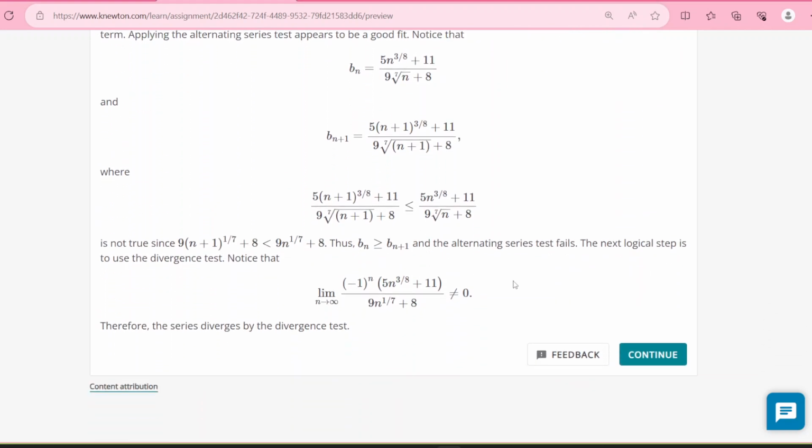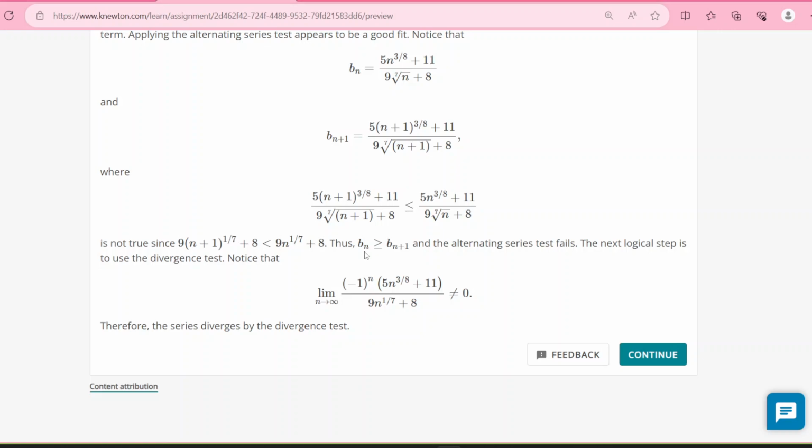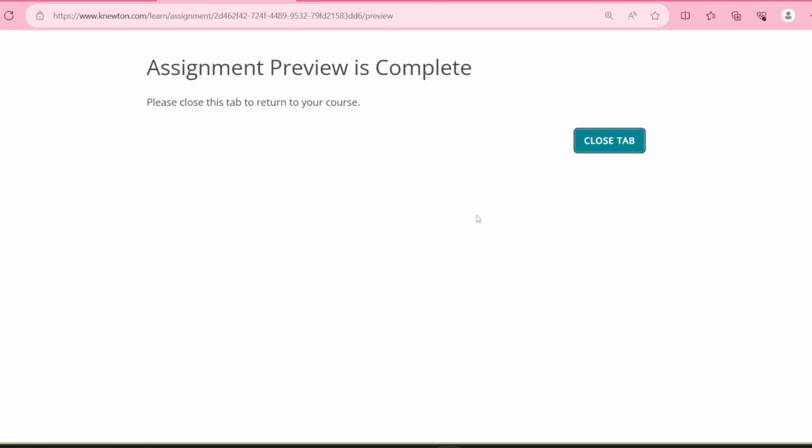Now they did the alternating series test, it looks like, but they see that the test fails. The divergence test would be best here. And if you notice right away, the terms aren't going to zero, so the series diverges. All right, so that looks like it for that assignment.